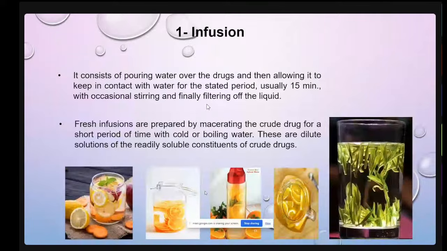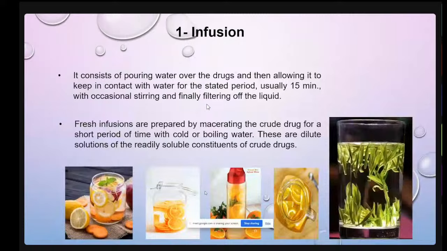So first, infusion. Infusion is where we put the extraction material or the plant into a jar filled with water, mainly boiling water or cold water.